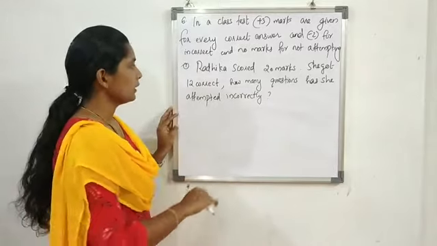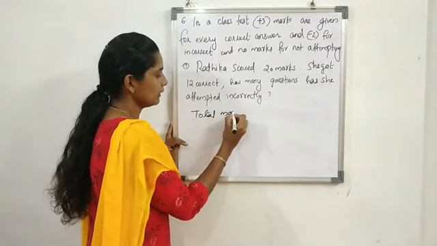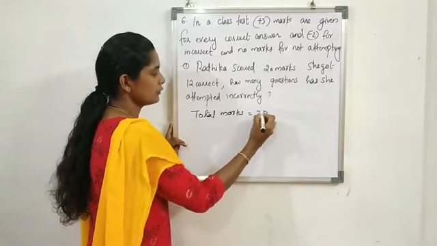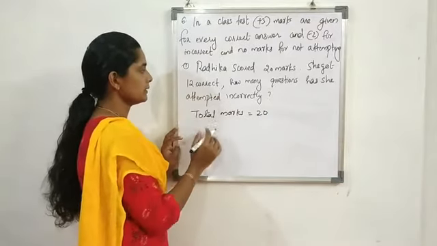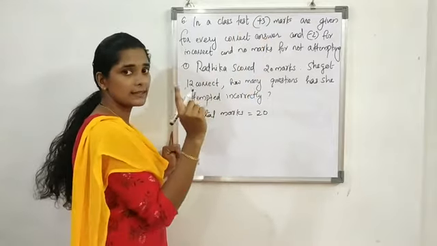Okay. Total score, or total marks, is equal to 20. Then how many correct answers? 12 correct answers are there and the marks for one correct answer is 3.